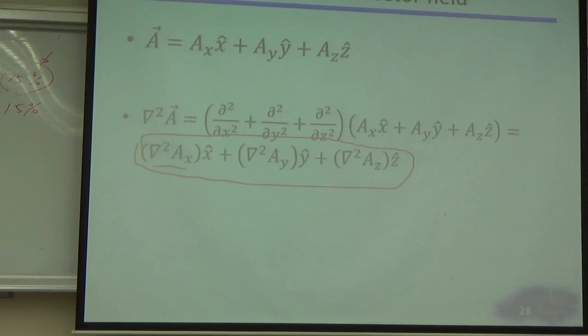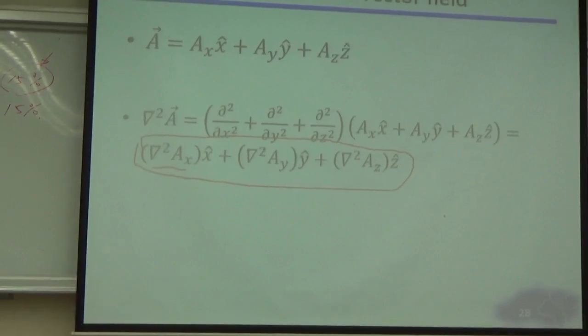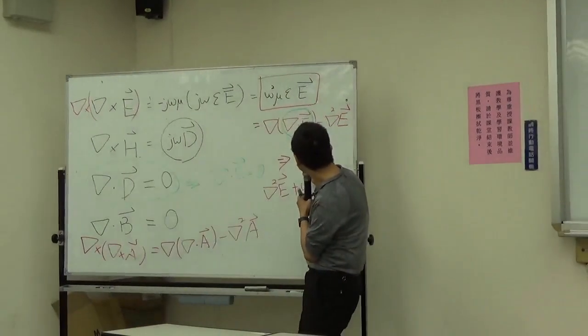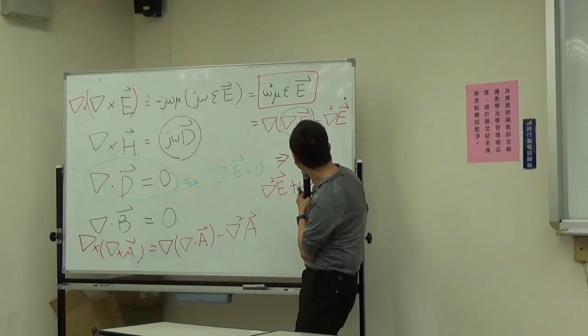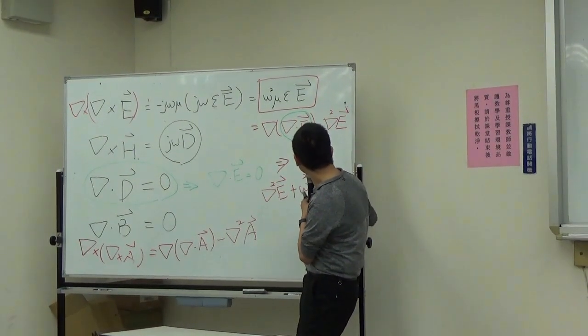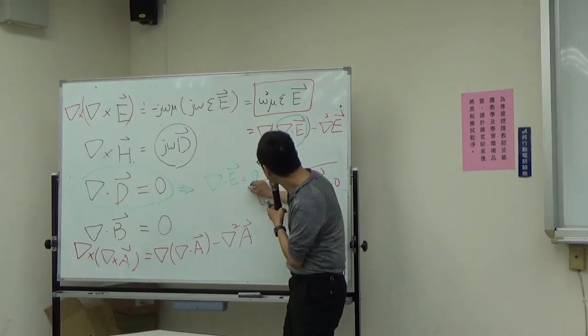I like 0. So finally, we obtain that the Laplacian of the E field plus omega squared times mu epsilon E equals 0.